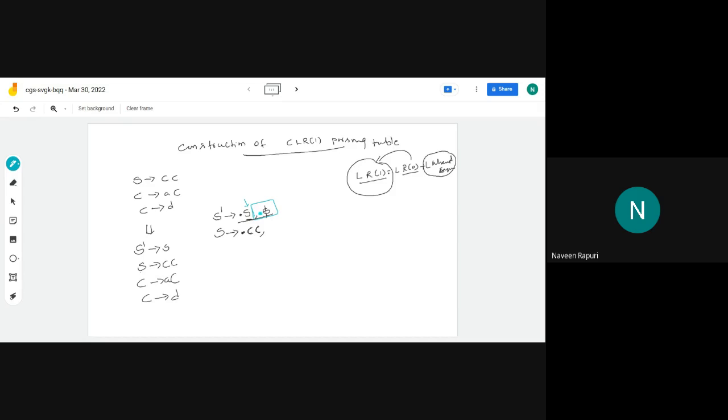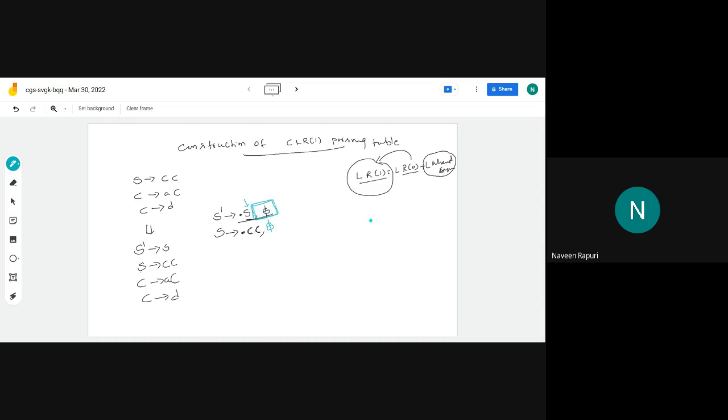Here we have only dollar. First of dollar is dollar, because dollar is not a non-terminal; it is a special symbol, or we can consider it a terminal. So the look ahead symbol of S derives dot CC is dollar, because after S we have only the look ahead symbol, dollar.